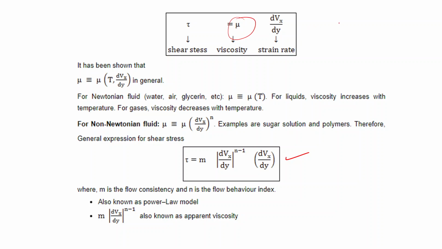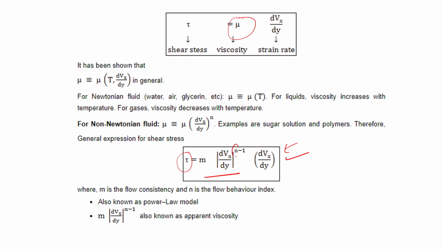This equation is valid for Newtonian fluid, and if any fluid doesn't obey this equation, then such fluids are called non-Newtonian fluids, and they follow the power law model, where the first term, m times dvx by dy raised to n minus 1, we call apparent viscosity, and this equation is known as the apparent power law model. In a few of the numericals we saw, using this equation, we had to find either the viscosity or the shear stress for the given system.